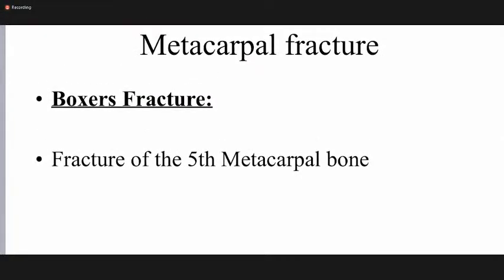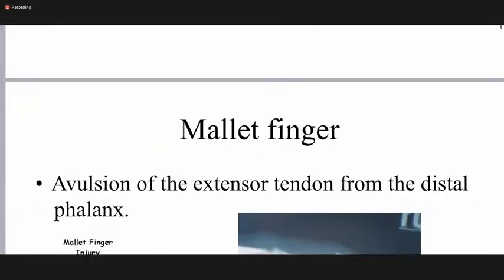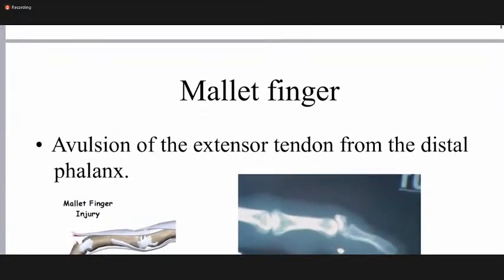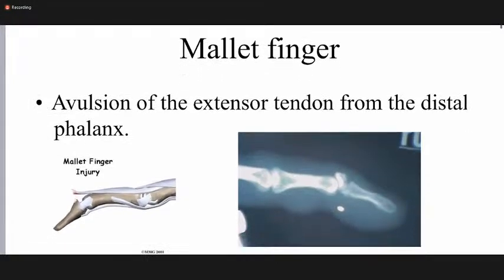Boxer's fracture refers to fracture of the fifth metacarpal. If it's not displaced, plaster will suffice. If displaced, again, displacement is key in making a decision whether to do ORIF or just a plaster.